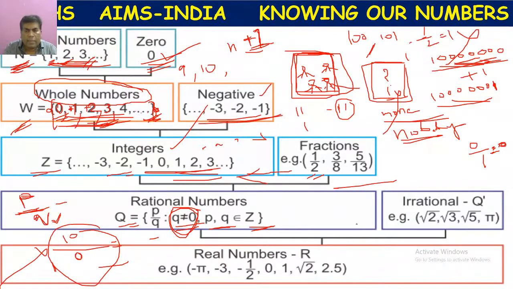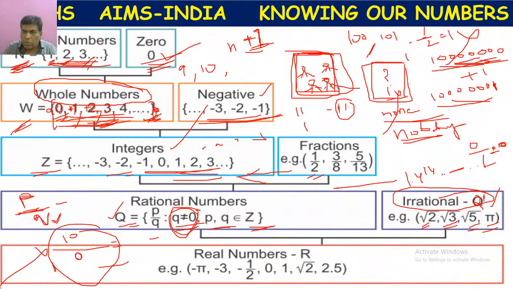Next, the numbers like root 2, root 3, root 5, pi, because root 2 value is 1.414 and so on. These kinds of numbers we call irrational numbers. The rational number symbol is Q, and the irrational number symbol is Q dash.